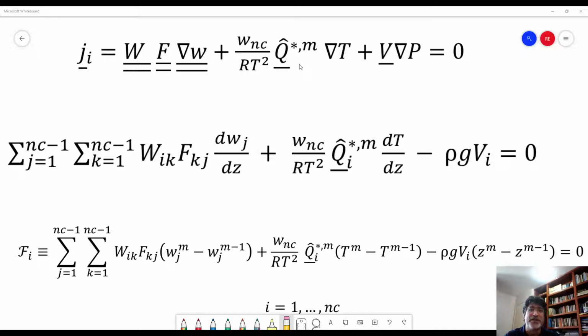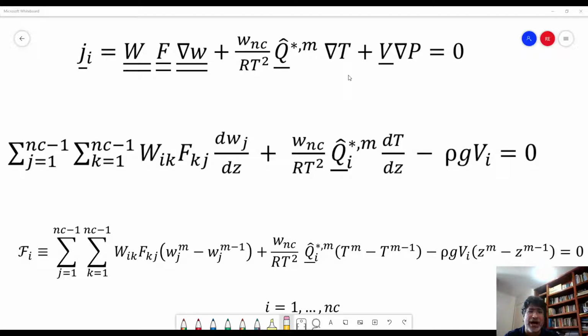This is the thermal diffusion coefficient, and this is the pressure diffusion coefficient. We have already demonstrated that Ji is equal to 0 in such a problem. So we're going to solve this equation along the depth of the reservoir, the z direction.